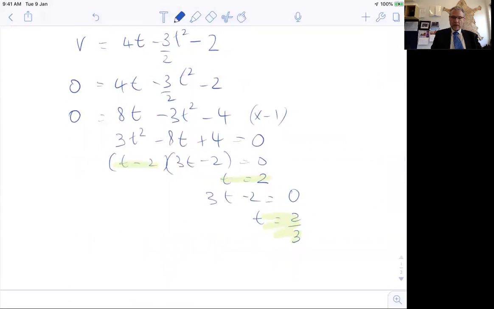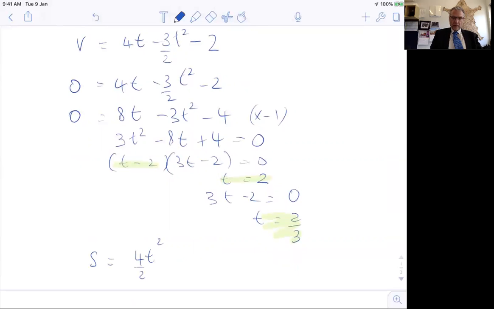I've got a velocity statement here, which we now anti-differentiate again to calculate S, or D for distance if you want. So if we anti-differentiate this, 4t becomes 4t squared over 2.